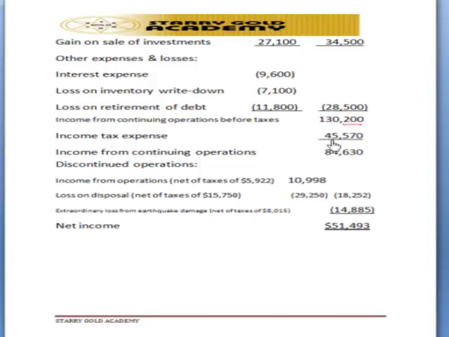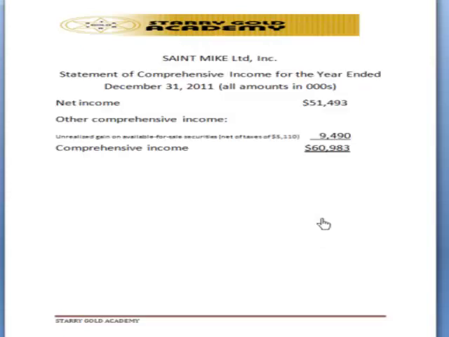Then income tax expense is deducted. Then discontinued operations are as follows. We deduct this from it, and we have our net income to be 51,493.